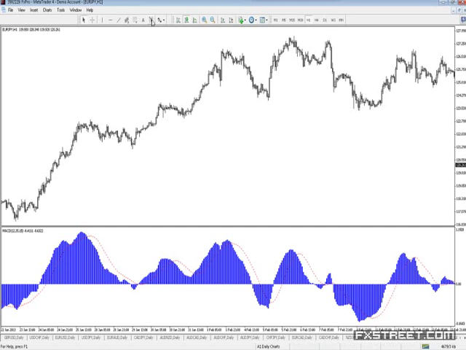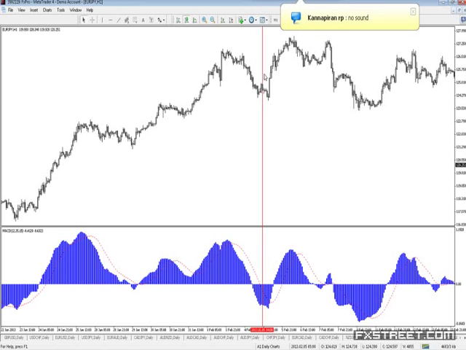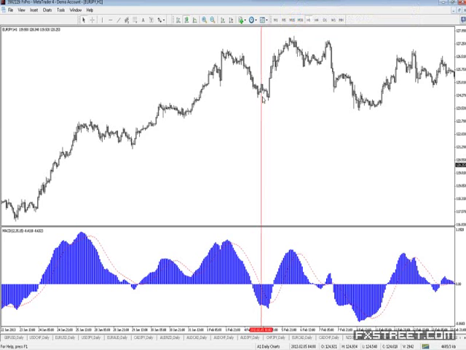So in other words, I'd sell right around here, and you can see that the market actually went up there.